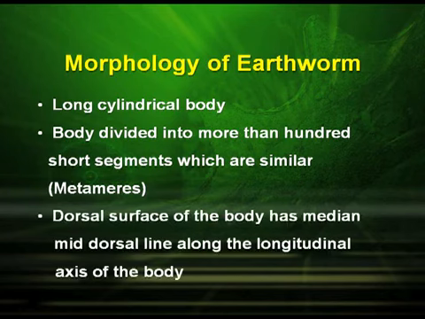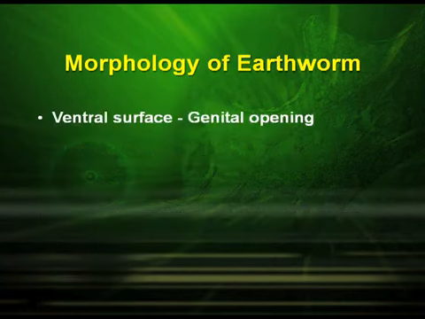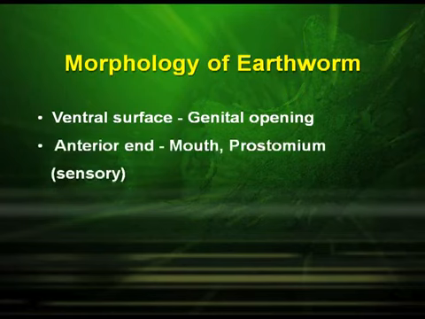The dorsal surface of the body has a median mid-dorsal line which runs along the longitudinal axis of the body. On the ventral surface, they have the genital opening. On their anterior end, they have the mouth and the prostomium, which is sensory in function.